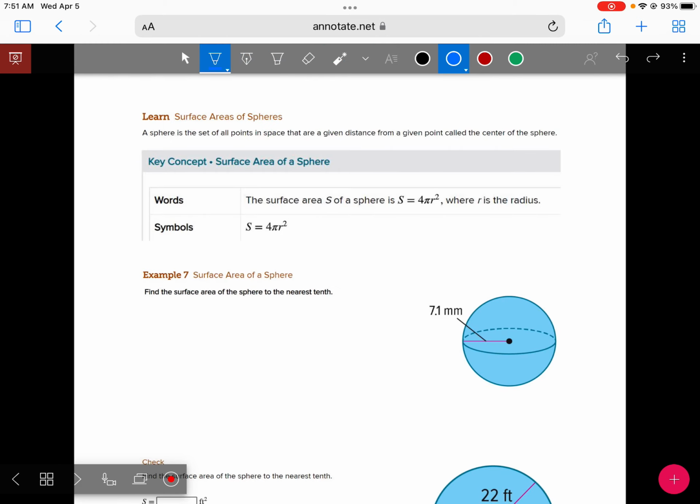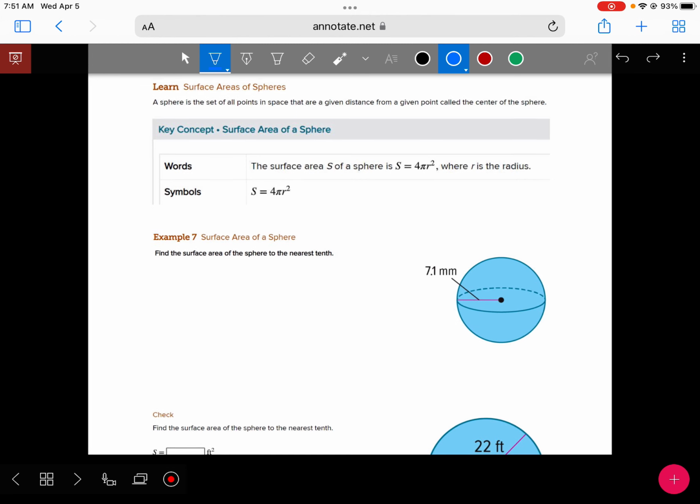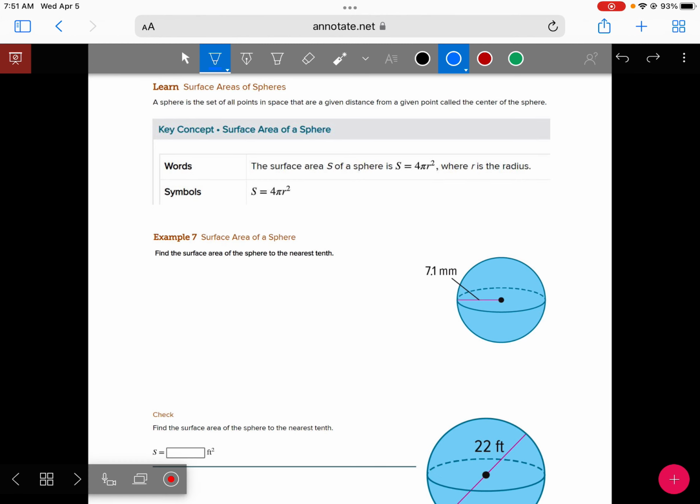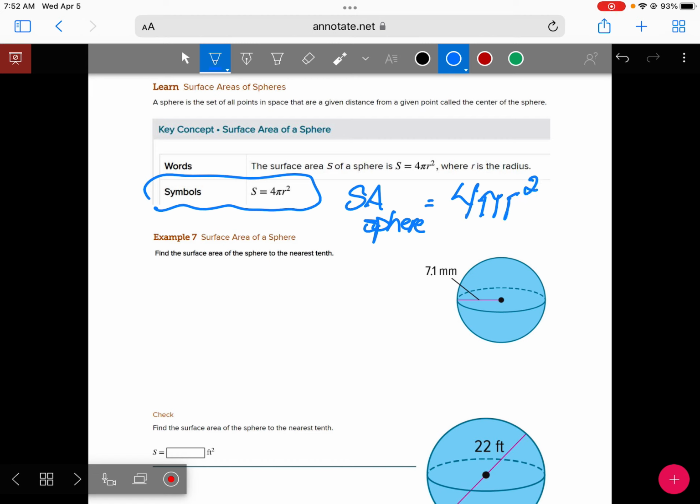And let's go to a sphere. Surface area of a sphere. So we're talking like a marble, like a globe. Surface area of a sphere is 4 times pi r squared.